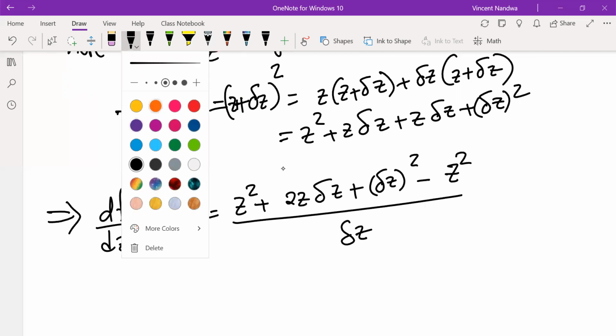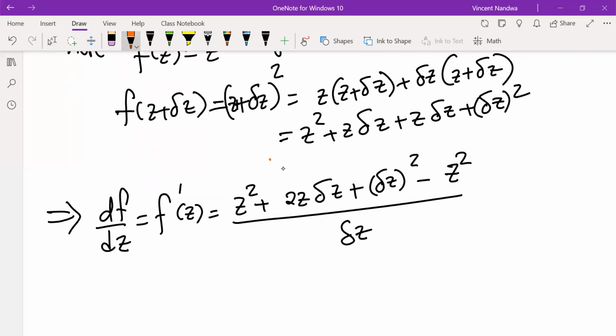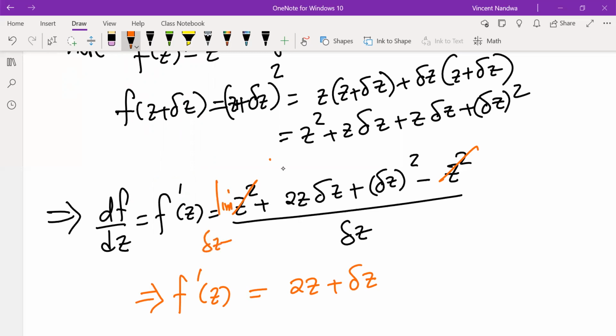So that means that minus z squared plus z squared cancels, which will give us f prime of z equals, we can factor out delta z and say 2z plus delta z, the limit as delta z approaches 0 of this quantity.